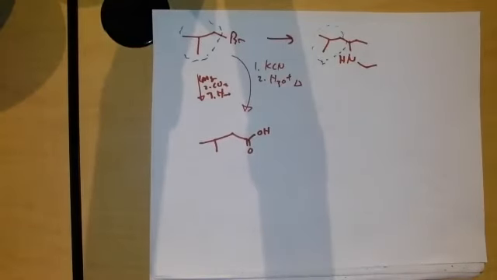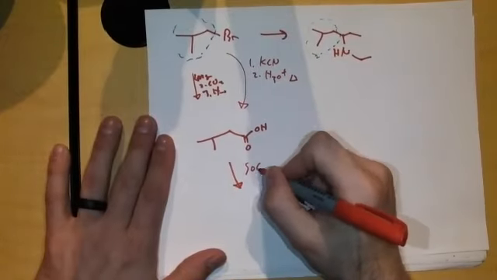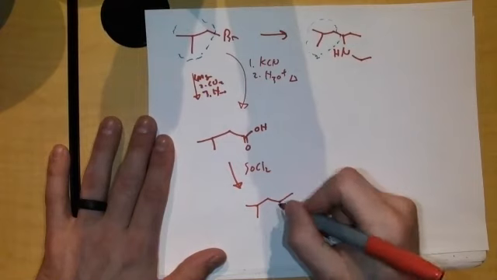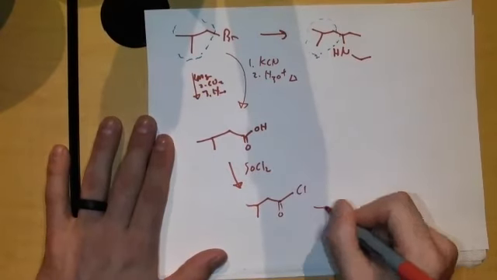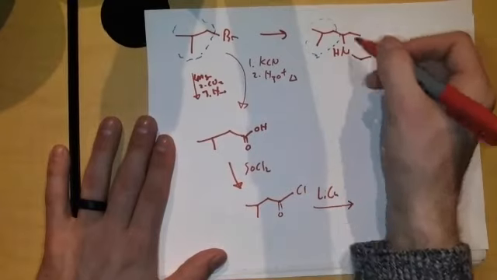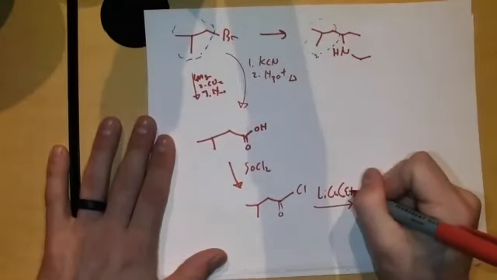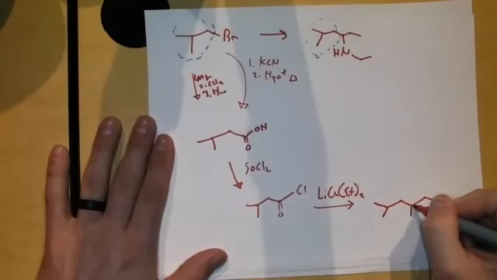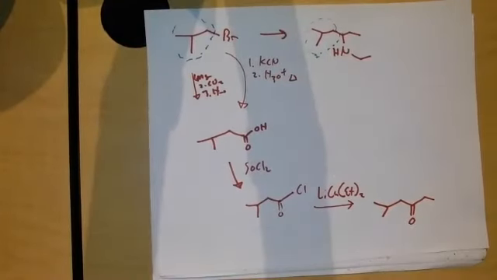From here, we need an extra 2 carbons on the end here. So let's throw in SOCl2. Do our light alkylation. So LiCu, we want an ethyl group. We want to make an amine.